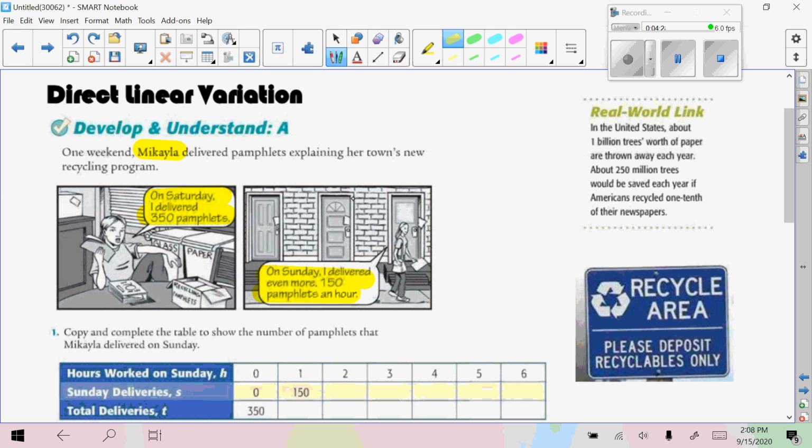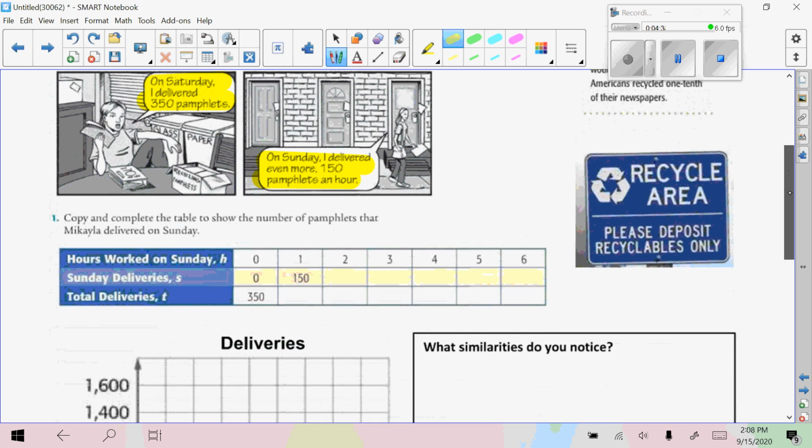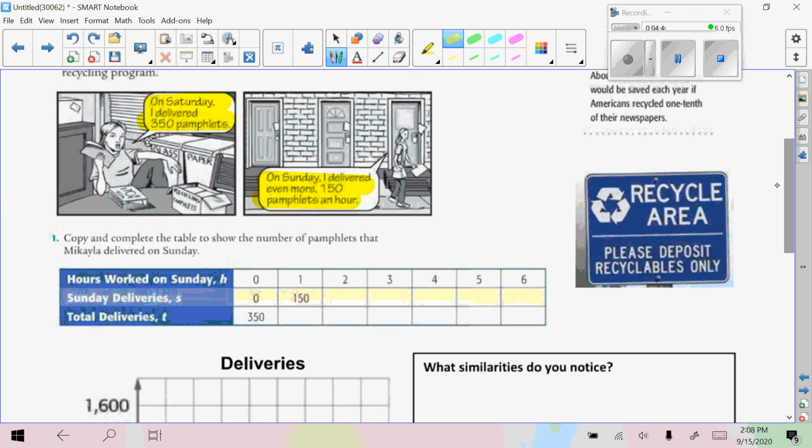So she had already done some on Saturday, 350, and then she continued on Sunday delivering at a rate of 150 per hour. Okay, we're going to fill out a table that shows that. Now, important note here, this line represents just those delivered on Sunday, not including the ones on Saturday. The second row includes the ones delivered on Saturday.